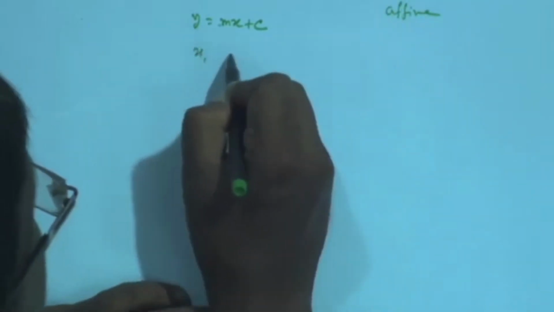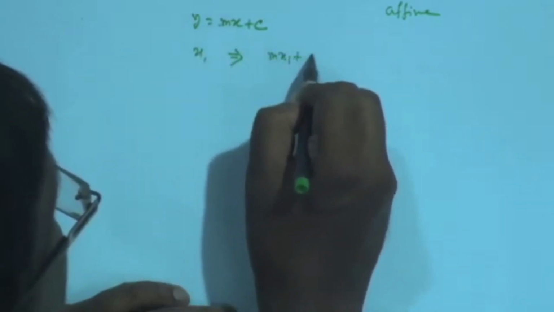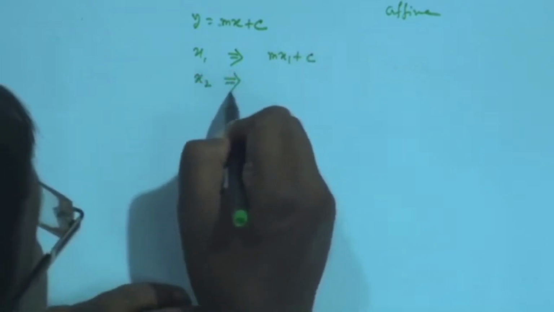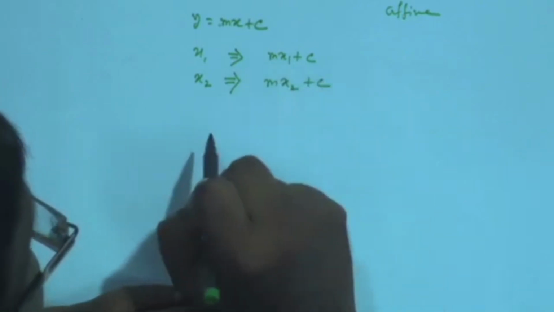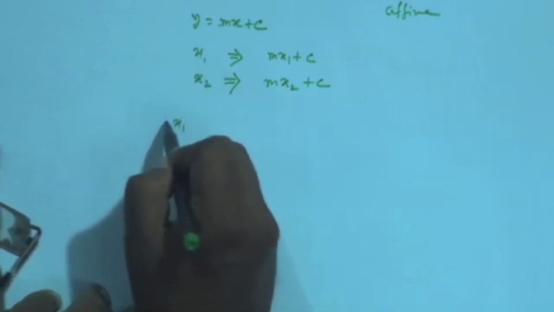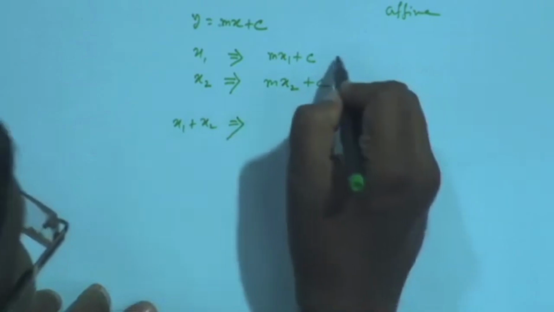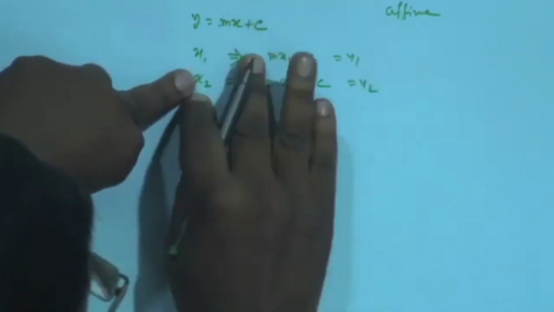Suppose x1 gives mx1 plus c, and you give x2, mx2 plus c. If I give a combination, say C1 is 1, this is my y1, this is my y2. So x1 gives rise to y1, x2 gives rise to y2.